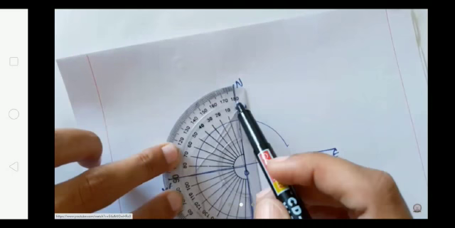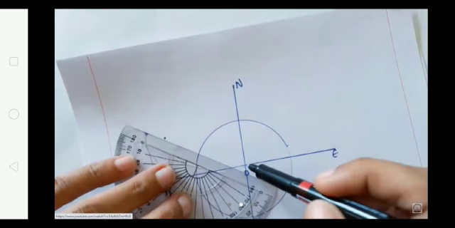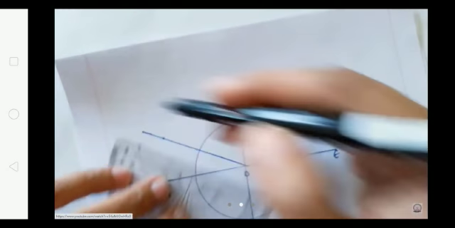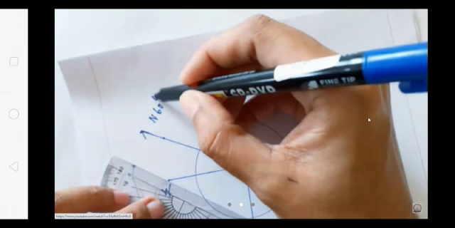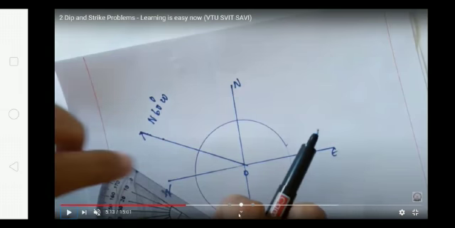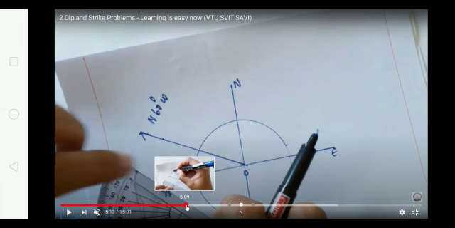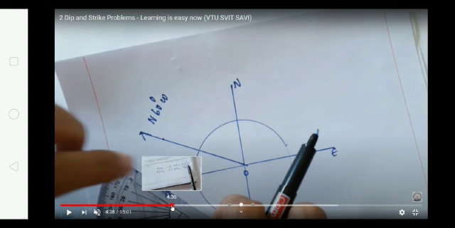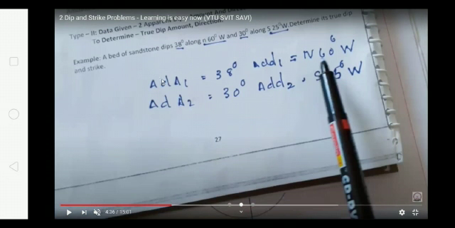Then you have to mark north 60 degree west. If it is not so clear, what we have done here is we have marked north, south, west, east. If you go back and check, first we'll complete AD1, the apparent dip amount. 38 degree is the amount, north 60 west is the direction.